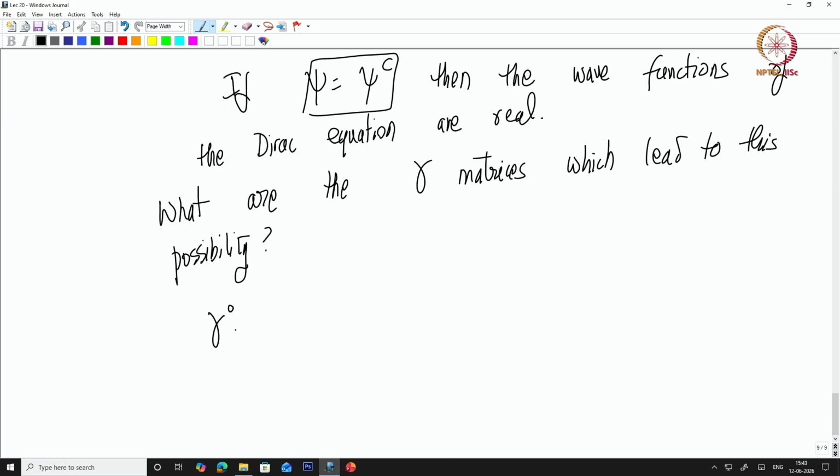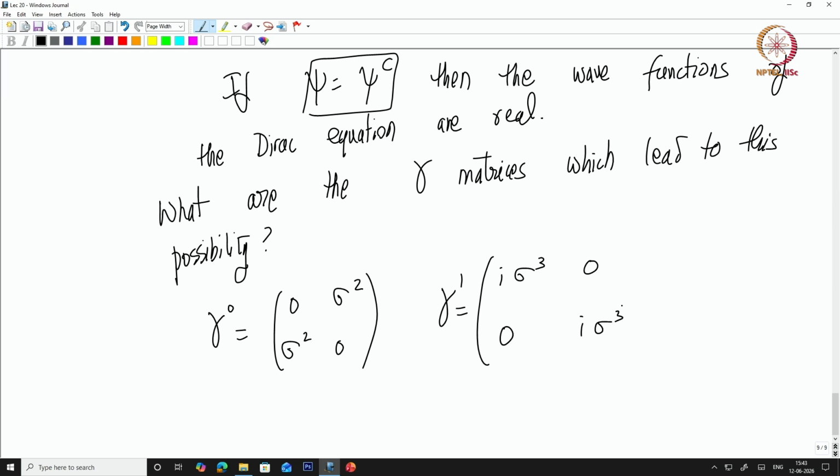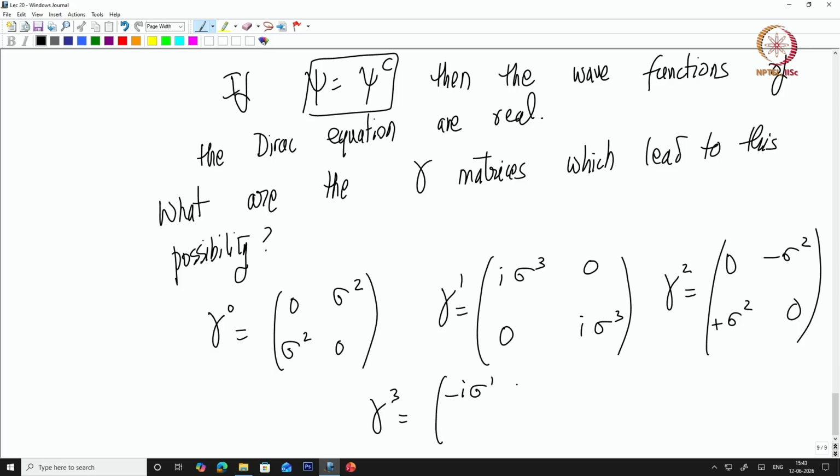This is the basis in which gamma 0 is equal to (0 σ2; σ2 0), gamma 1 is equal to (iσ3 0; 0 iσ3), gamma 2 is equal to (0 σ2; −σ2 0), and gamma 3 is equal to (−iσ1 0; 0 −iσ1).